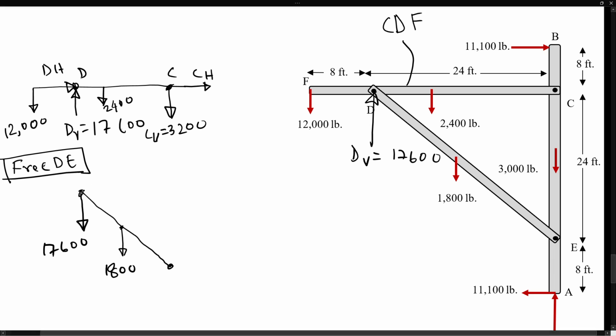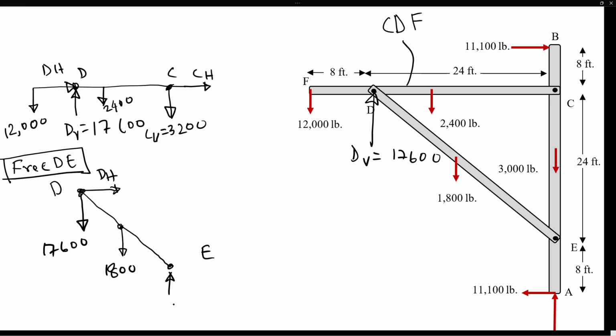Now we're gonna keep that DH, which you don't know, still in the same direction, and then the EH, we need to have this reaction at. So then, as you can see, the reaction at point D of this DE member is going downward, the weight going downward.